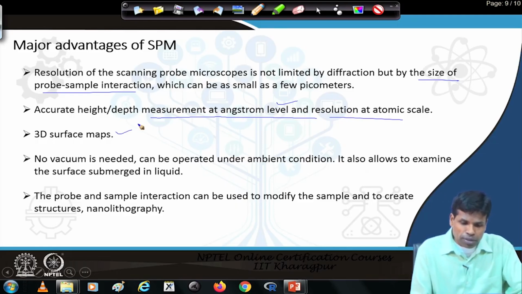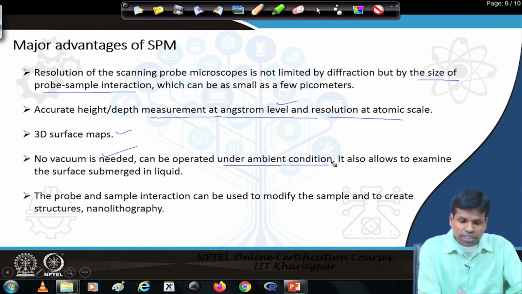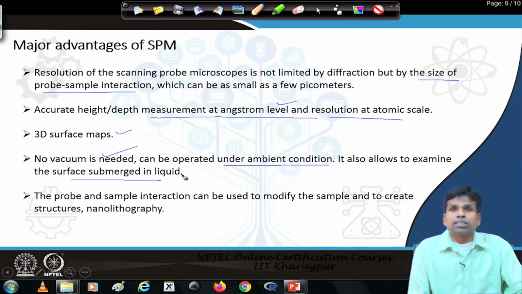It provides 3D surface maps, and again no vacuum is needed. It can be operated under ambient conditions and allows us to examine surfaces submerged in liquid.